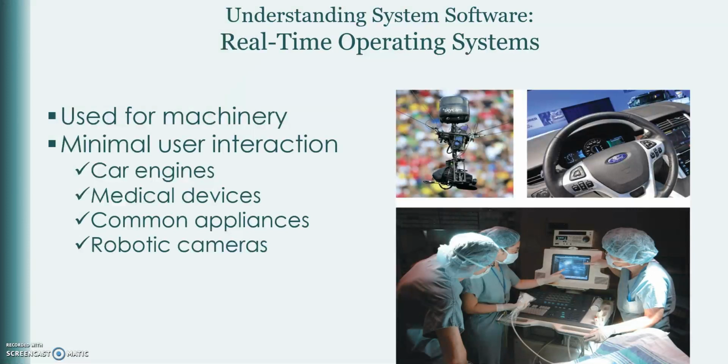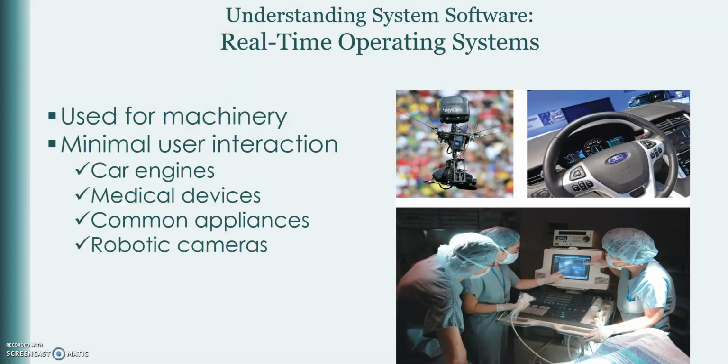Devices that must perform regimented tasks or record precise results, things like machines that are taking measurements, things that are found in the scientific and aerospace industries, those require real-time operating systems.